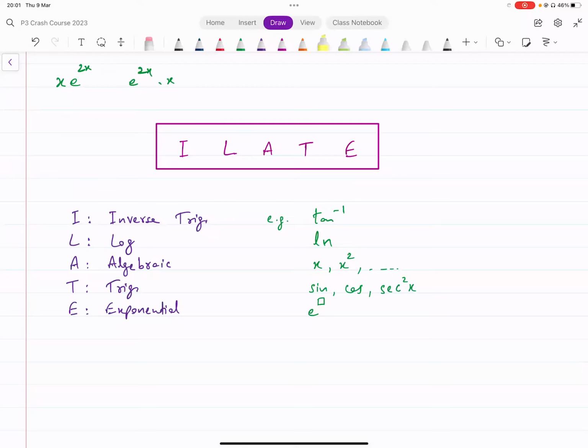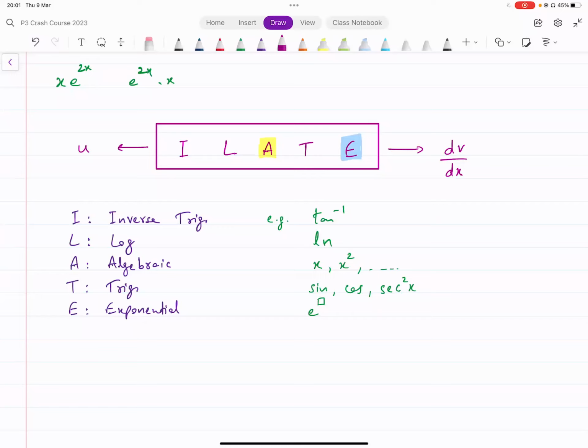You will see which two functions you have. e power 2x is an exponential function, so that's E here, right? And x is an algebraic function. That's A here. Now, in this sequence, whatever is coming on the left side, you take that as u, and whatever is coming on the right side, you take that as dv over dx.